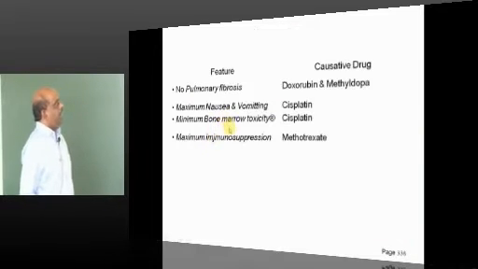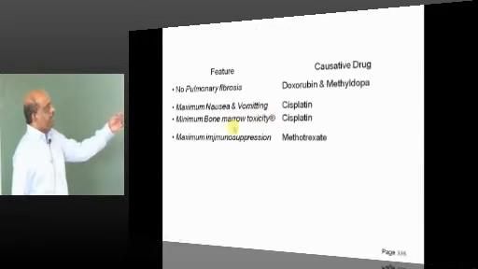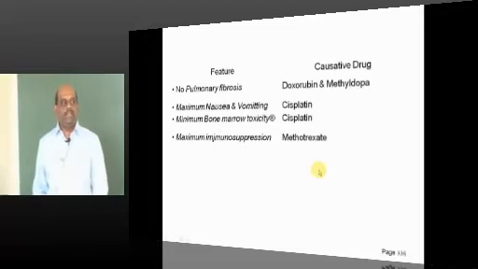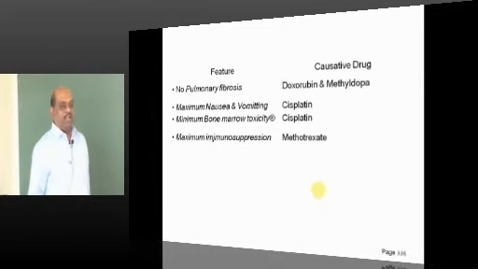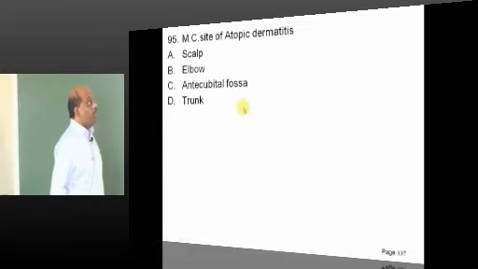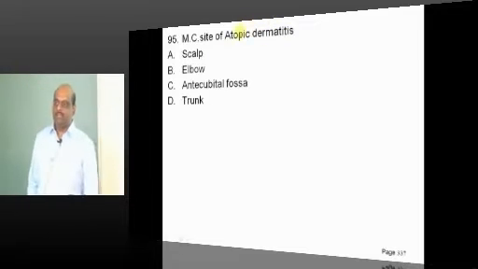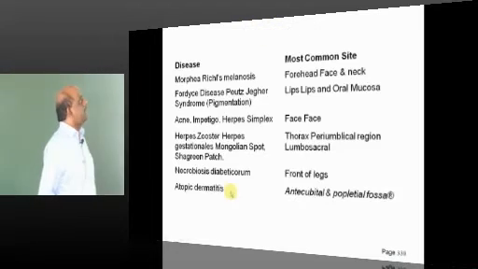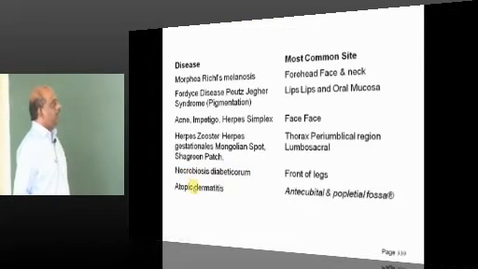Then maximum nausea and vomiting, cisplatin. By now you're all preparing for entrance, so you must be quite sure of the list of things. Most common site of atopic dermatitis, antecubital fossa.